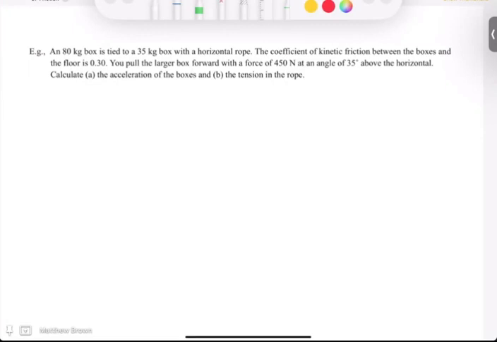So I feel like a little bit of a diagram is helpful for something like this. Here, I'll just say this is the floor. So I've got box A. This will be the 80 kilogram box.